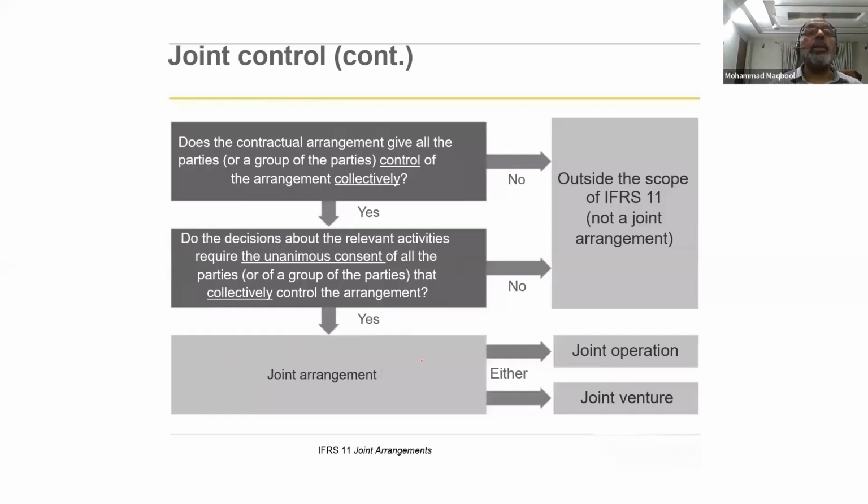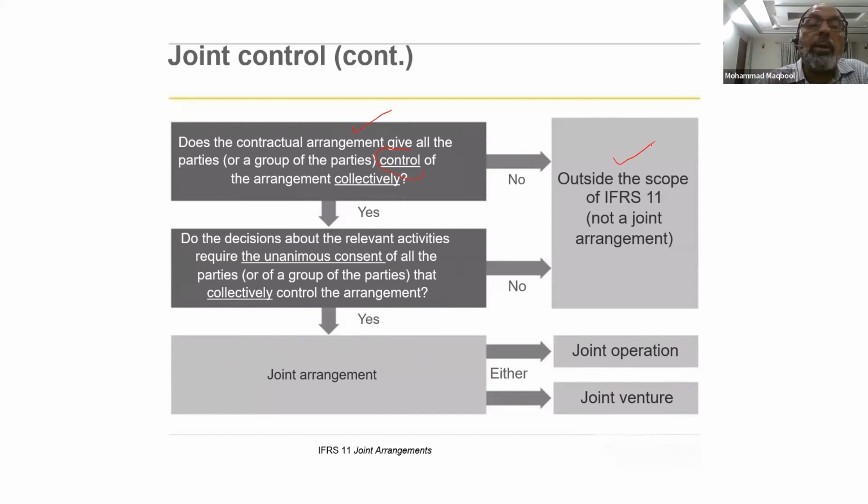There are three things we need to look at. One is: does the contractual arrangement give all the parties control, not yet the joint control? If the answer is no, then it's outside IFRS 11. It may be a simple investment or something like that.